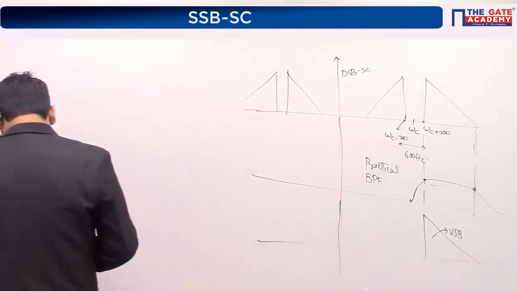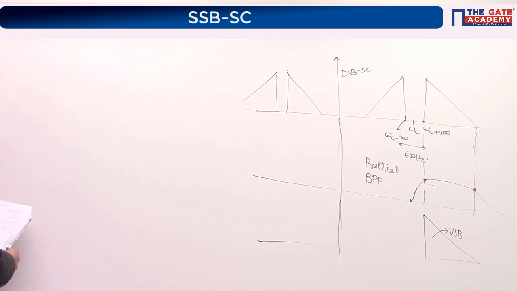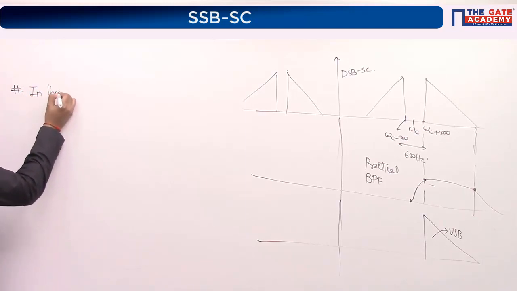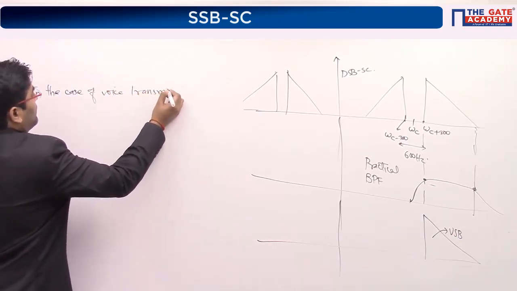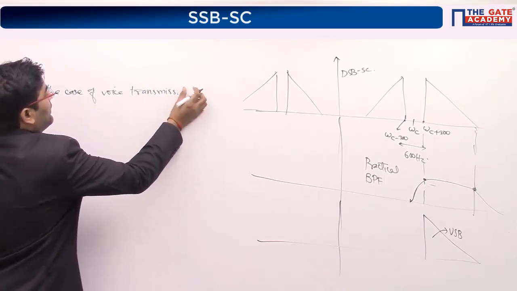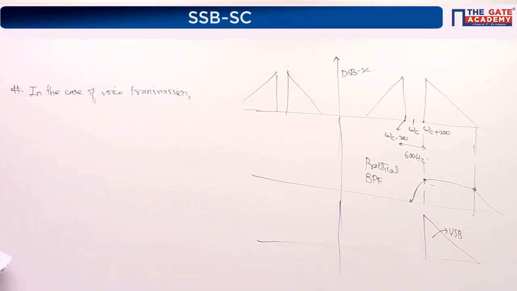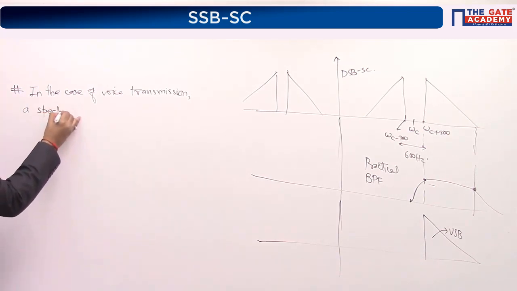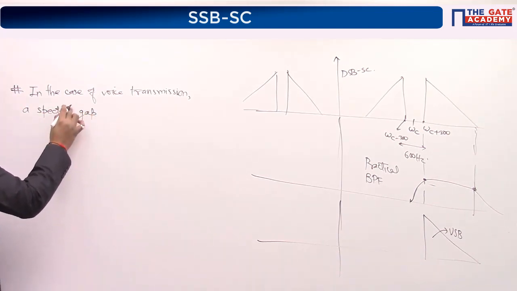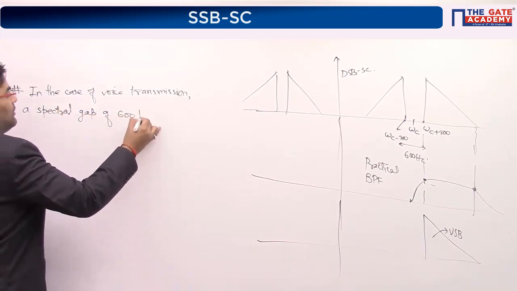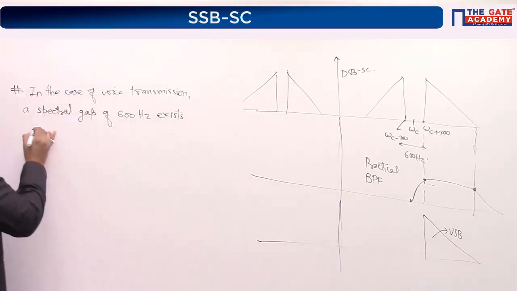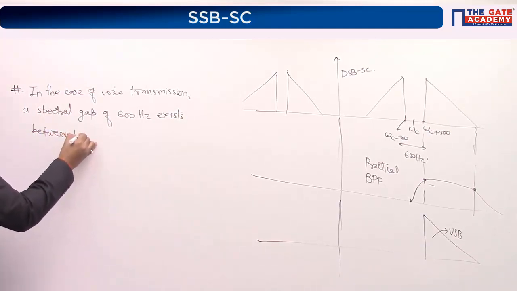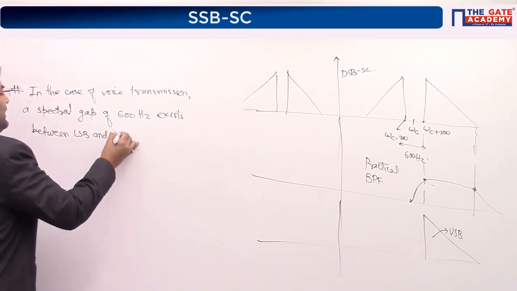Please write it down. In the case of voice transmission, a spectral gap of 600 Hz exists between the lower sideband and the upper sideband, which you just saw, right guys?